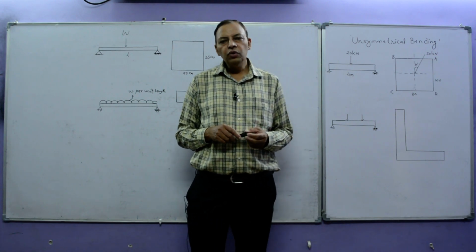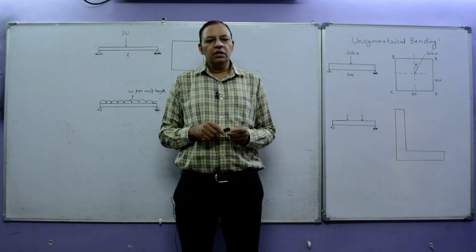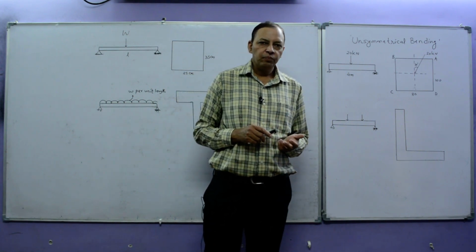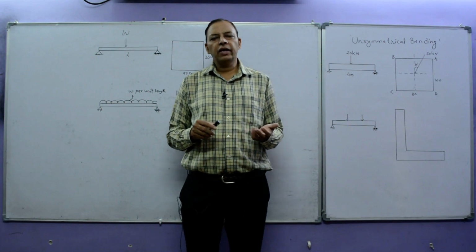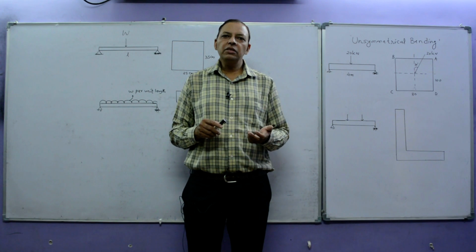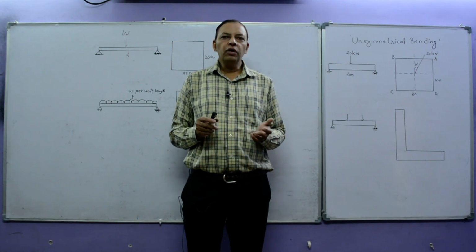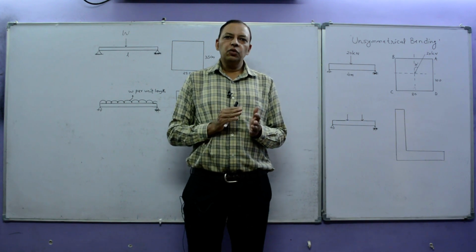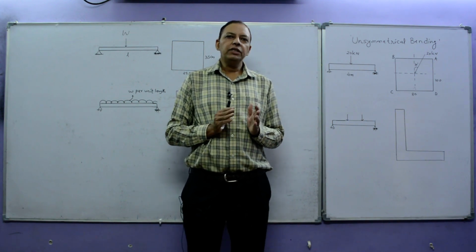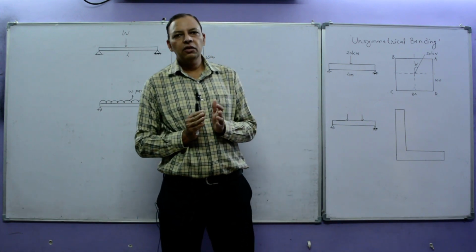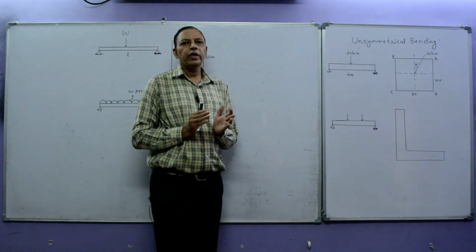All of you know what symmetry is. Just like a rectangle has 2 axes of symmetry. Symmetry means when we fold in 2 parts and the 2 parts overlap each other, then we can say that this is a 1 axis symmetry or 2 axis symmetry.